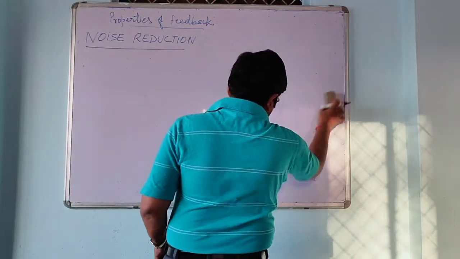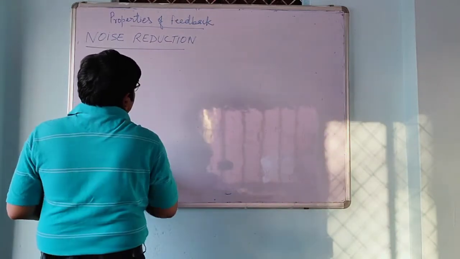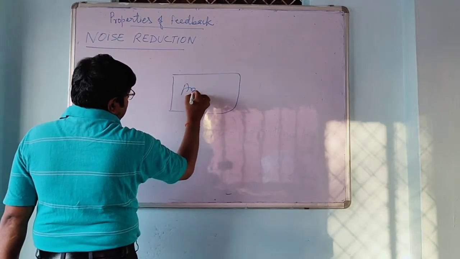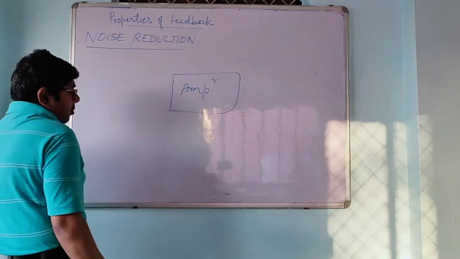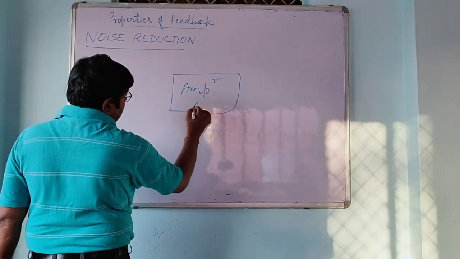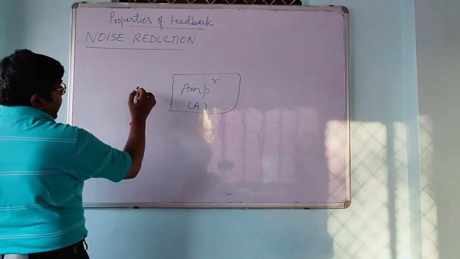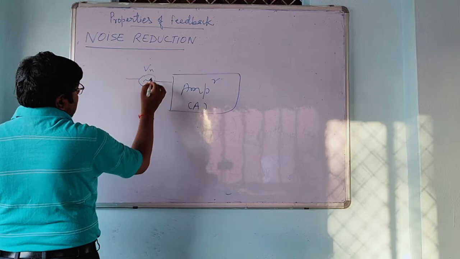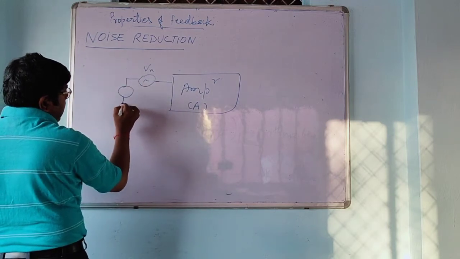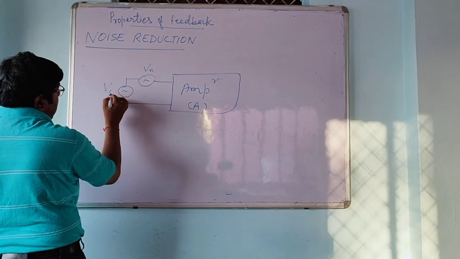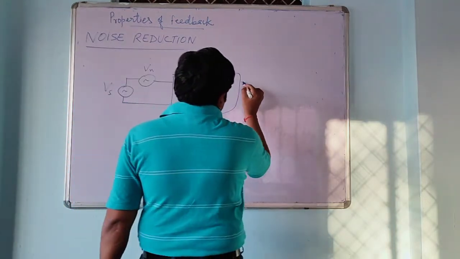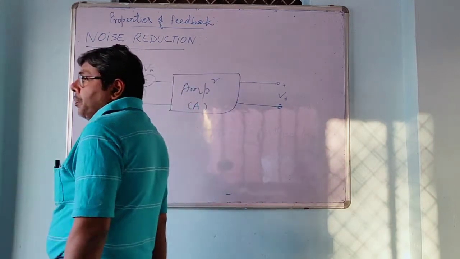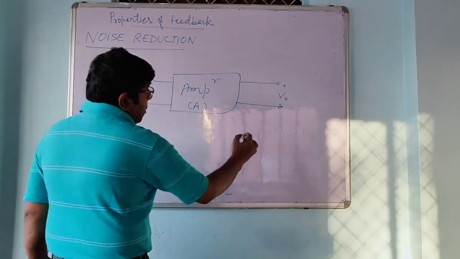Suppose we are using an amplifier here, having gain A, and here you have a noise signal Vn, and we are applying a signal here Vs, and this is the output V0. So this is without feedback.